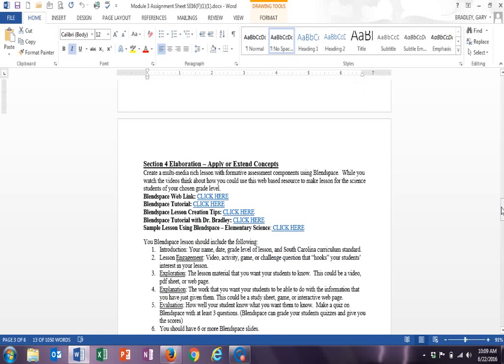Section 4, Elaboration. What I would like you to do is develop a lesson using an online resource. And that online resource is BlendSpace. I've been using BlendSpace probably just a year and a half, and I find it so wonderfully simple, so full of great resources that I have my students develop their own BlendSpace lessons, and they can take that web link, share that with their parents, show their parents, hey, Mom, look what I found.